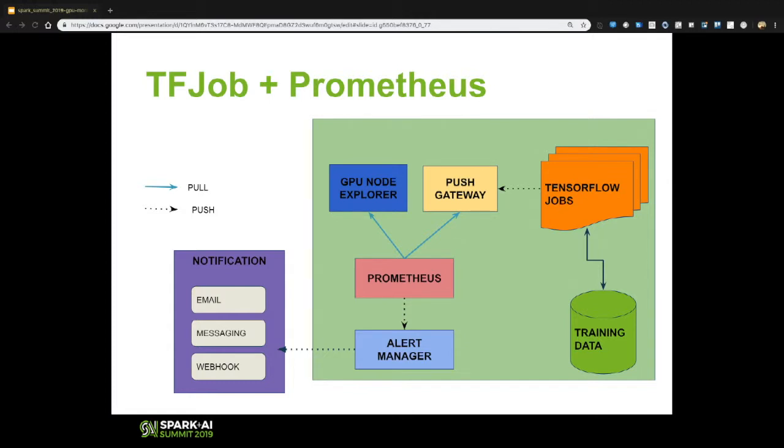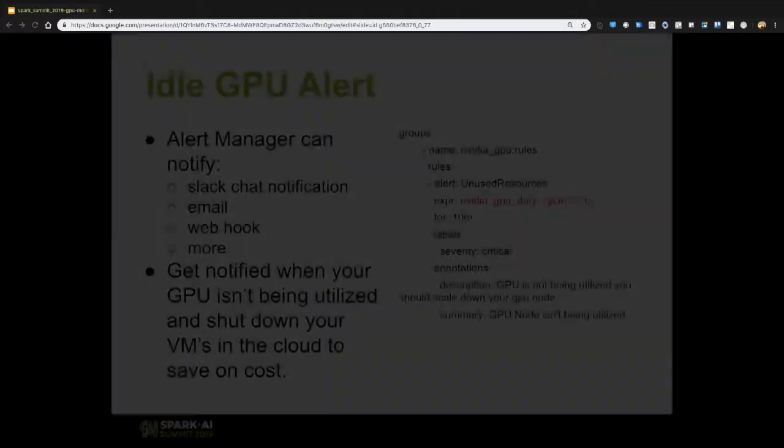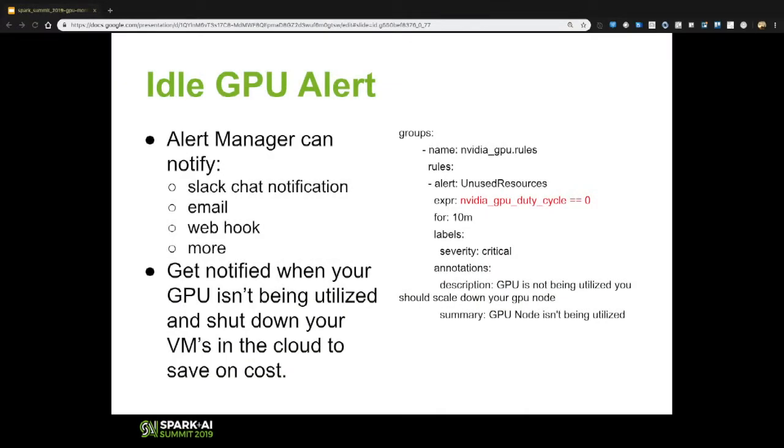And then we have a push gateway just in case you do have TensorFlow jobs, and you can push custom metrics there. The interesting thing with this architecture actually is if you're running on cloud, for example, you may want to get alerts if your GPU isn't really being utilized. For example, you can say, in 10 minutes, if my GPU isn't being utilized, I want to get a notification.